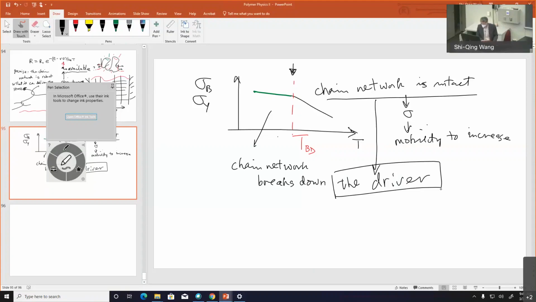But the logic is quite clear, that we need to look for a structure, and it's that structure that enabled yielding. And that structure, it seems like, is entanglement. Why? Because we went through that phenomenology.